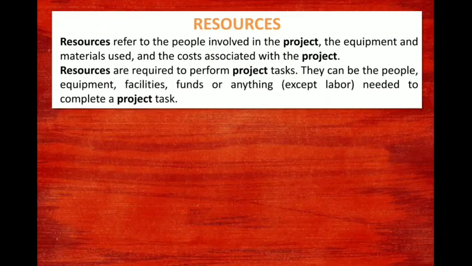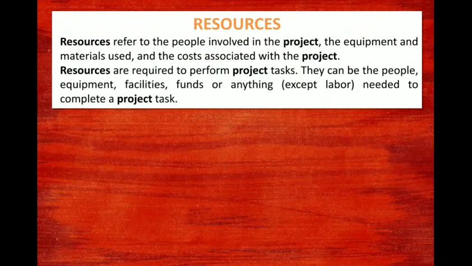So resources refer to the people involved in the project, the equipment and the materials used, and cost associated with the project. Resources are required to perform project task. They can be people, equipment, facilities, funds, or anything that is needed to complete the project task.